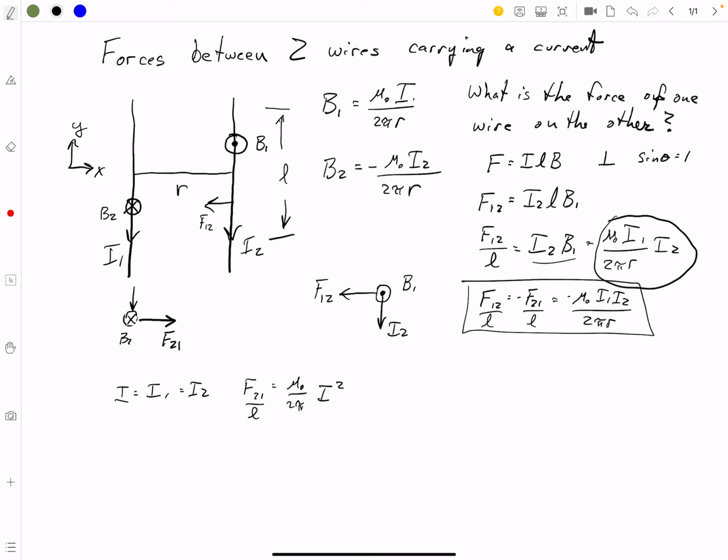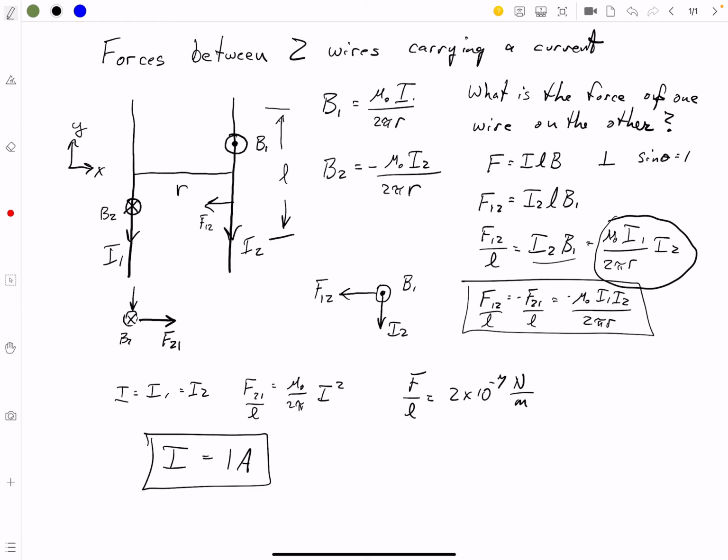And we can then do some fancy footwork. And if we say that F over L, we can make F over L equal 2 times 10 to the minus 7 newtons per meter. Then when we go through and do all the math, that ends up giving us I equal to 1 amp. And that is actually how we have defined 1 amp.